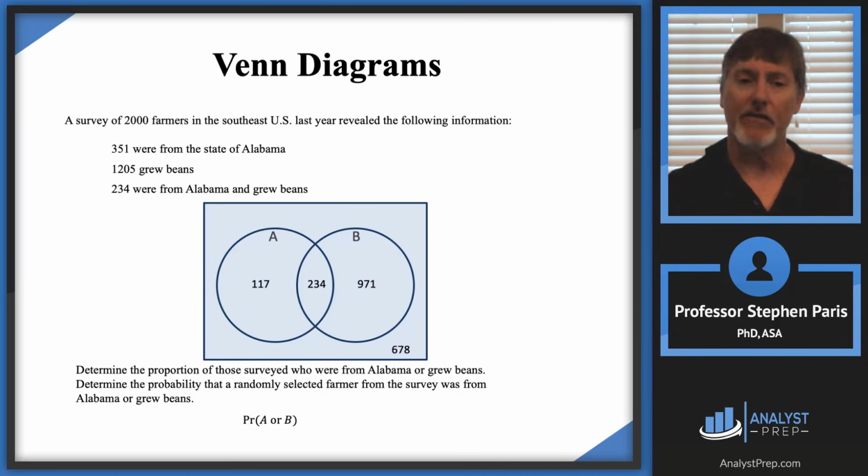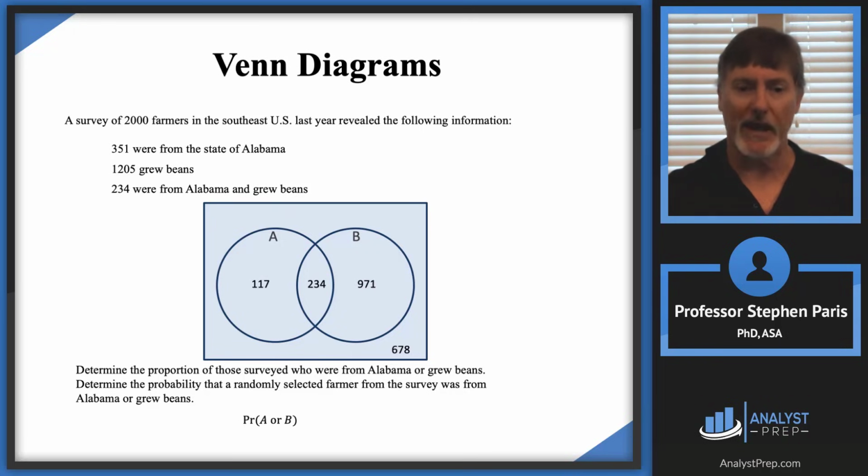But in set theory and what we do here, the or is an inclusive or. So if you're talking about a farmer from Alabama or a farmer that grew beans, if you have an Alabama bean farmer, then that satisfies that event, the event that you have a farmer who is from Alabama or grows beans. So it's an inclusive or.